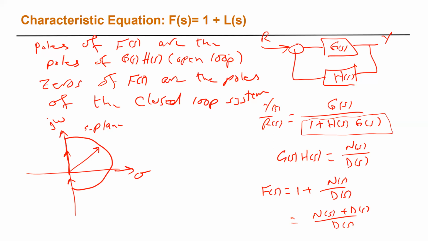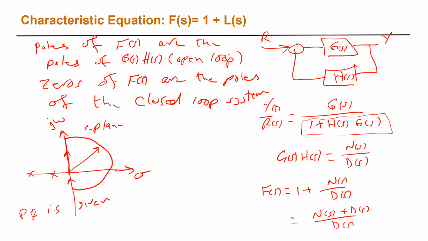And in this one, I will locate the poles of the characteristic equation, let's say I have some poles here, which are the poles of the open loop system. So P is given.